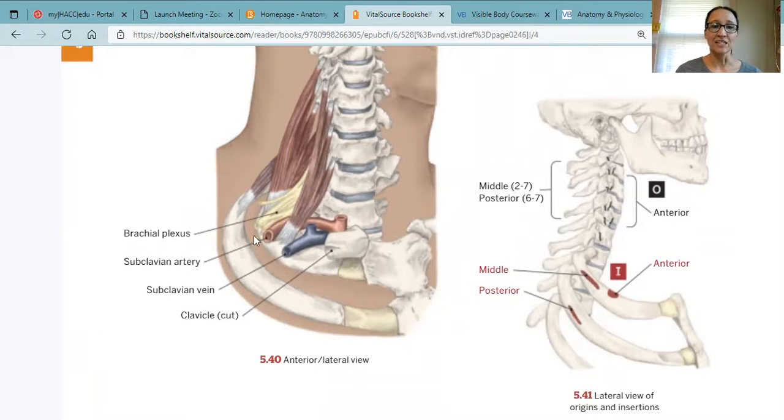So this is a neurovascular bundle, okay? And if the anterior and middle scalenes are hypertonic or tight, they can compress this neurovascular bundle and cause numbness and tingling and paresthesia, which is pins and needles, feelings all the way down into the hands.